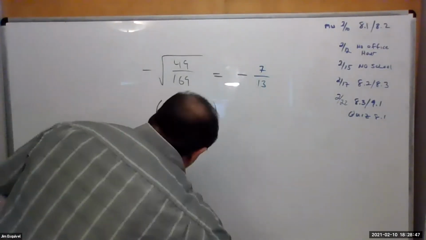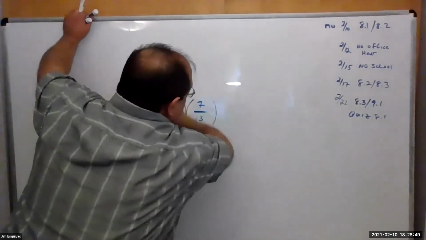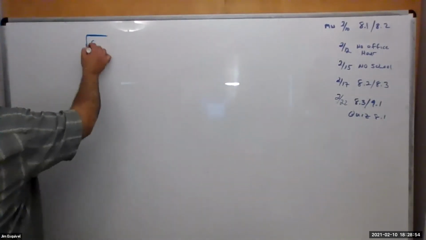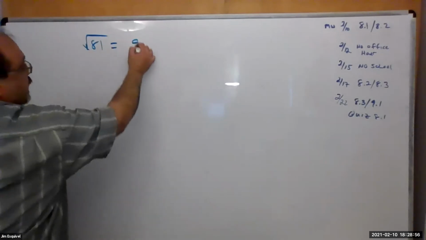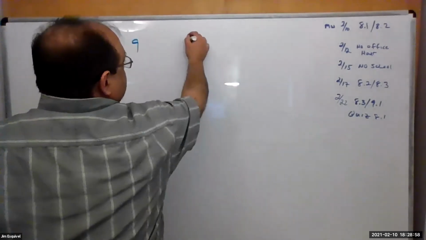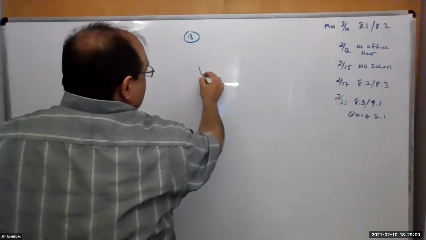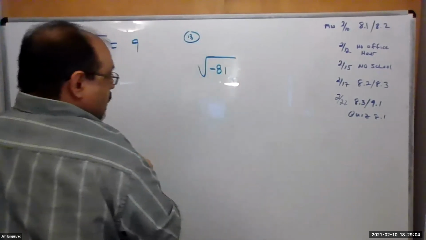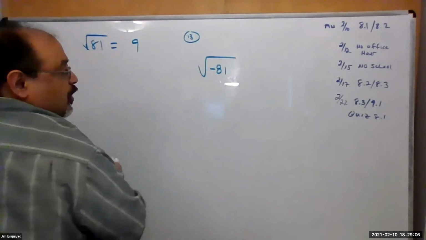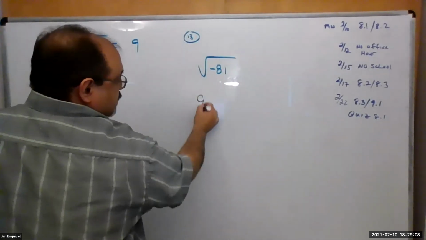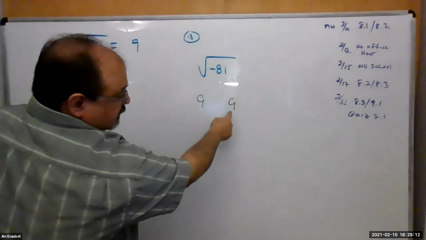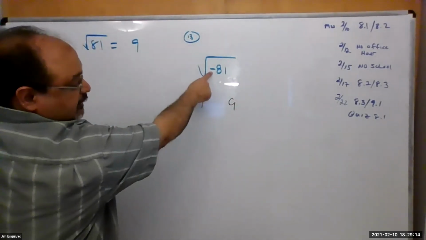Now, we started with the square root of positive 81, and we got 9. Now, in number 13, they're asking what is the square root of negative 81? Well, 81 is 9 times 9. That is absolutely true. But positive 9 times positive 9 is not negative 81.